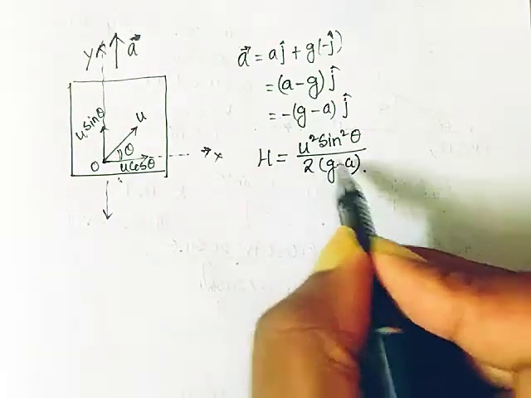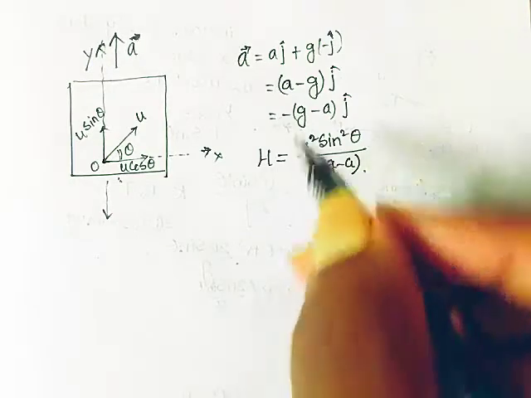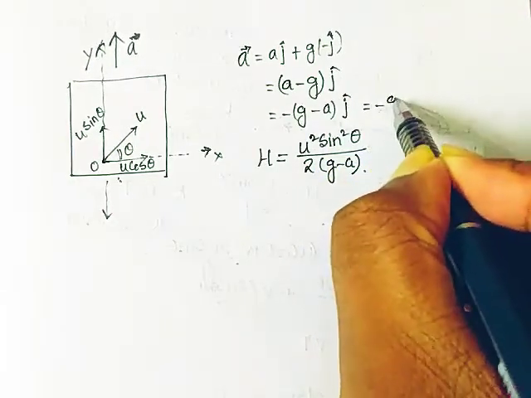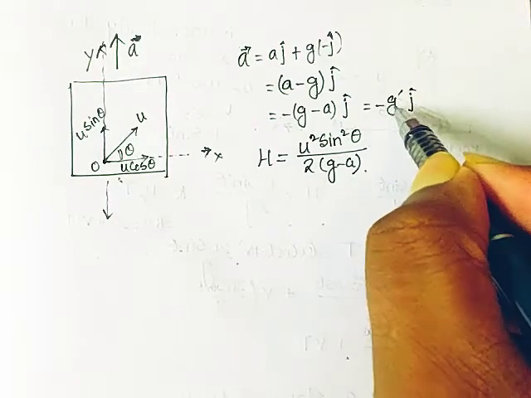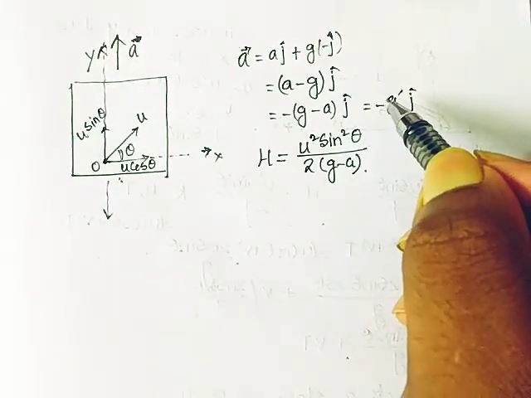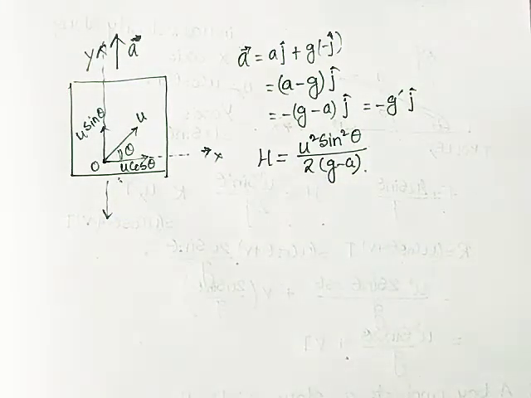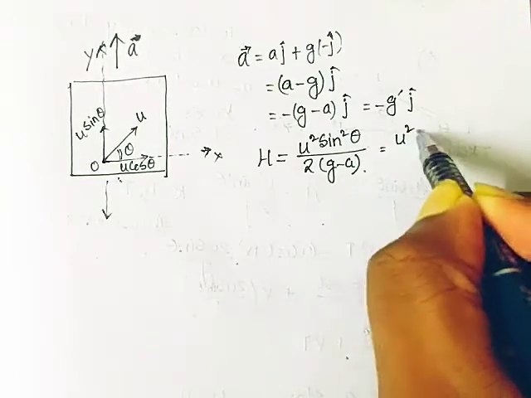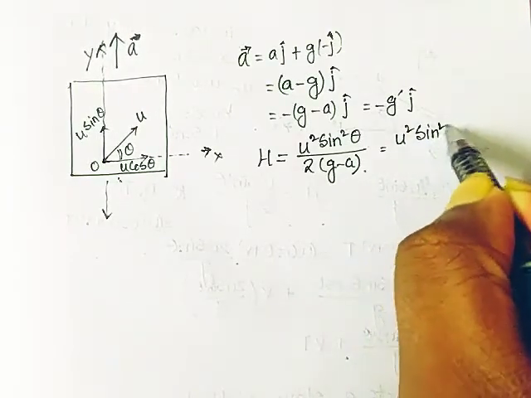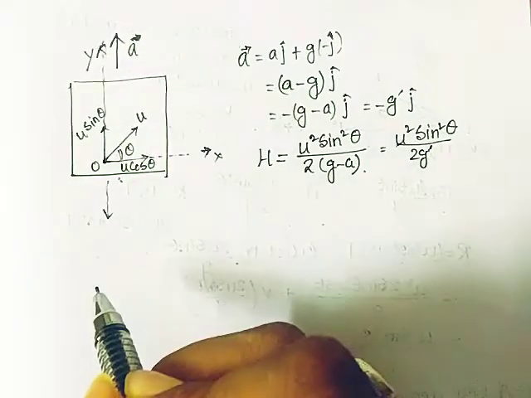The acceleration due to gravity is now changed. It is better to write it as g prime j cap. What is g prime? g prime equals g minus a. g prime is the apparent value of acceleration due to gravity, and here I replace this with g prime.